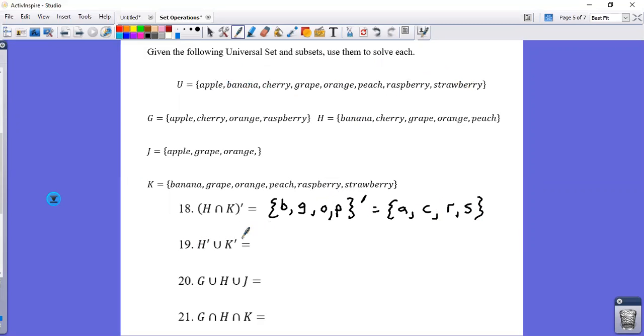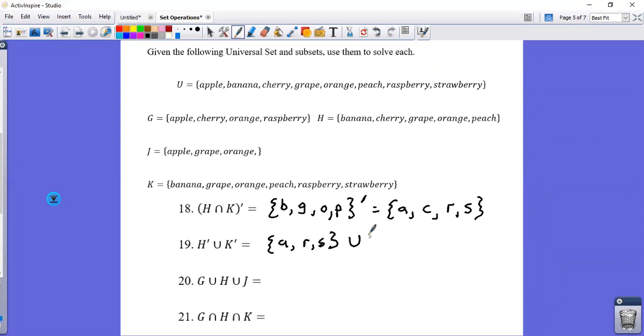Complement of H union the complement of K. The complement of H, which has to be 4 items, would be the apple, not the banana, not the cherry, not the grape. Oh, H is 1, 2, 3, 4, 5 items. This will be 3 items. Sorry about that. So not the orange, not the raspberry and the strawberry.